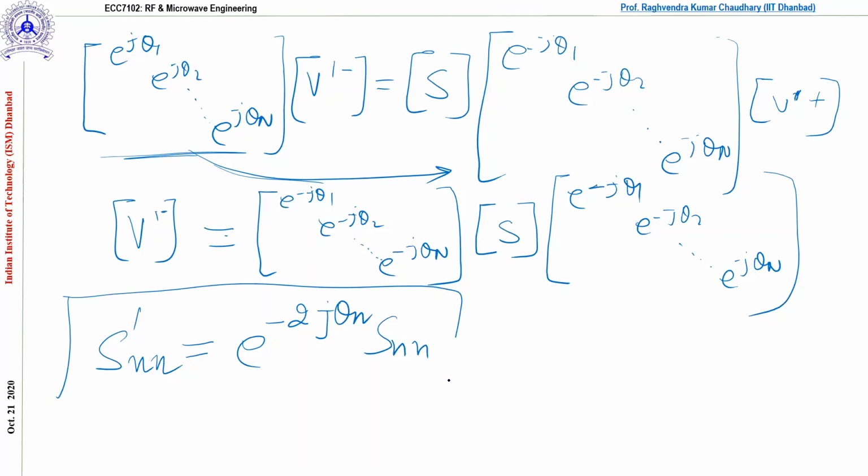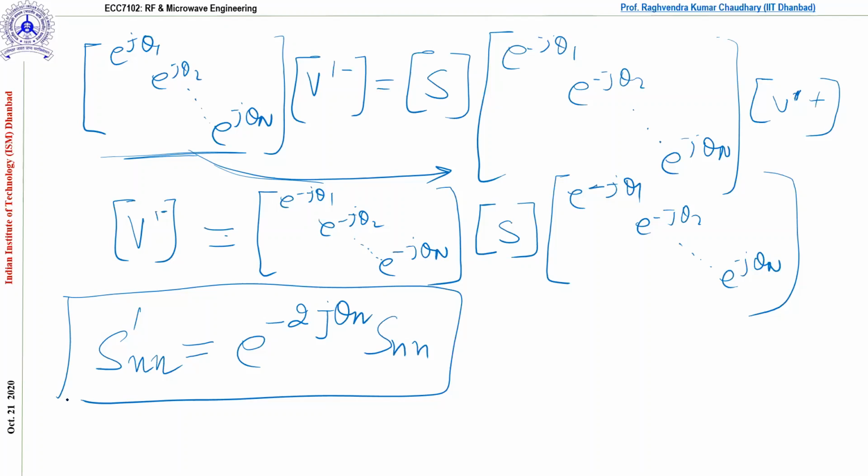It means that the phase of S n n is shifted by twice the electrical length of the shift of the terminal plane n. You need to multiply with e to the power 2j theta n with the original S parameters you will get at the end of the cable or near the vector network analyzer, or vice versa. You can make the opposite statement as well.